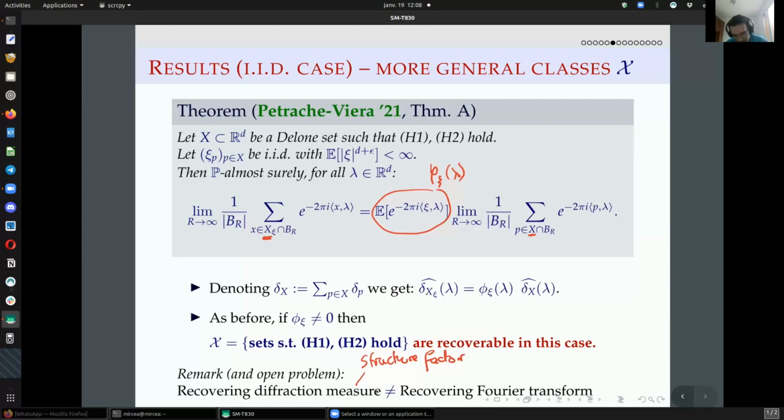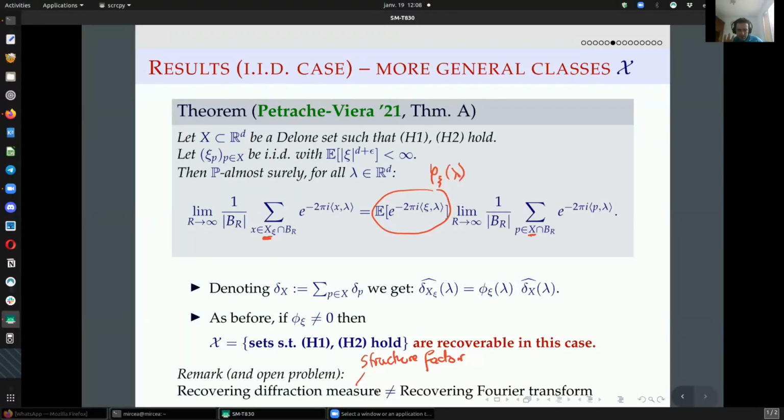The structure factor of a configuration is pretty closely related to the diffraction measure, and recovering this property of the set from its random perturbation is a different question than what we are doing here, recovering the Fourier transform.